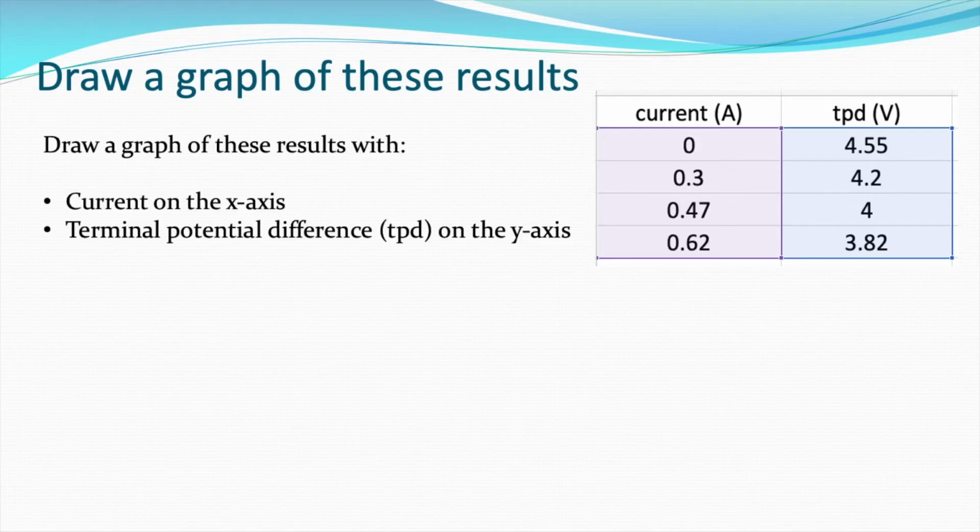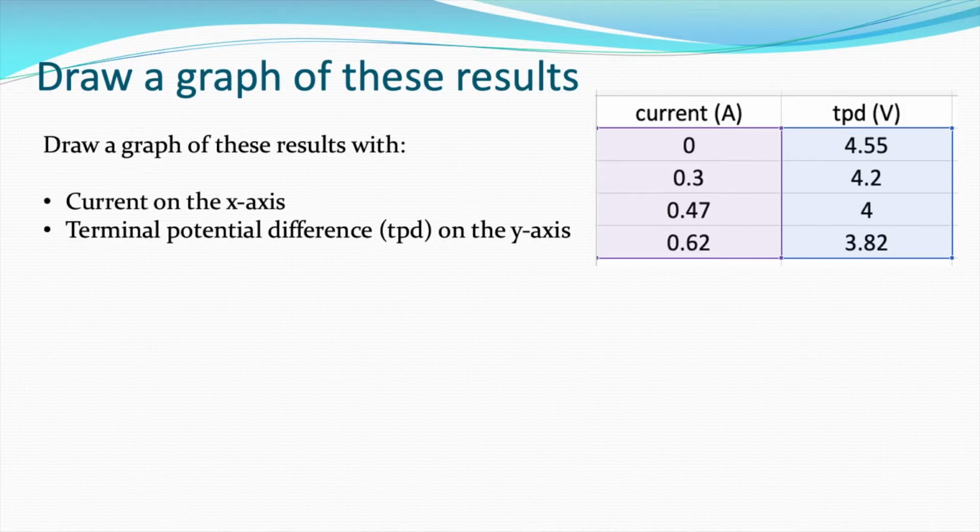Right, if you want to have a go at drawing a graph of these results, there is my results table. So if you're doing that, put your current on the x-axis, put your TPD on the y-axis. Now you might notice from the table here that as the current increases, the TPD decreases. So you're going to get a graph with a negative gradient on it.